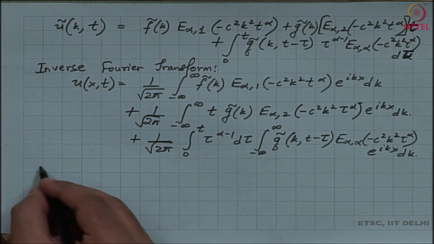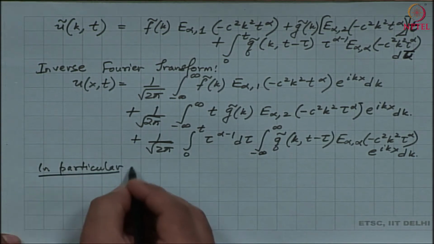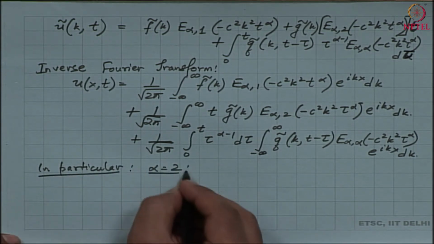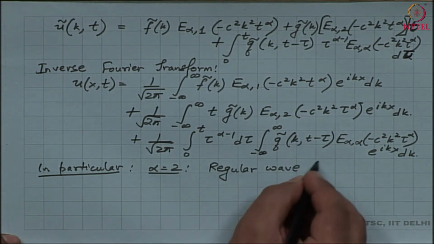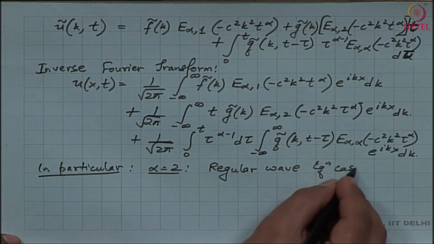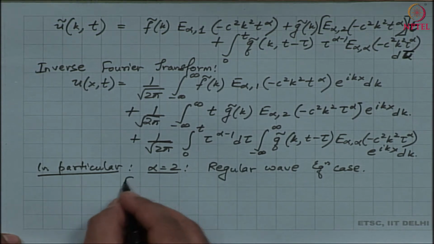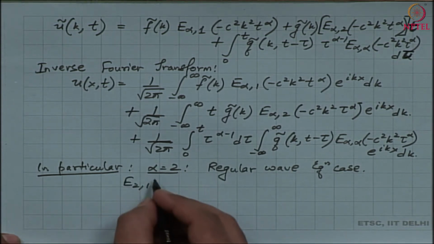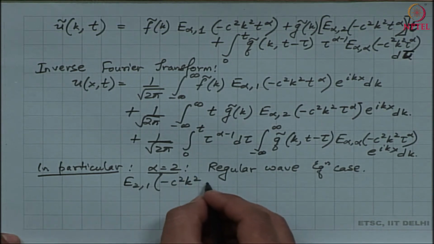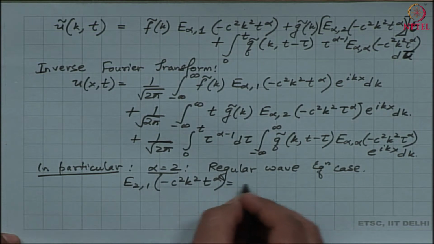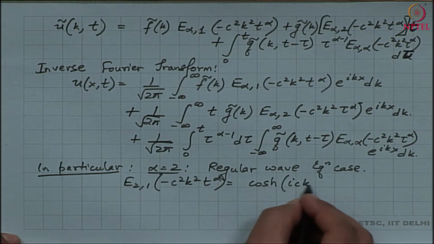The special case is when alpha is equal to 2, the regular wave equation, to see what happens in the regular case. When I put alpha equal to 2, I have that E of 2 comma 1, the Mittag-Leffler expansion of this argument negative c square k square t to the power alpha, is nothing but cosh of i c k t.